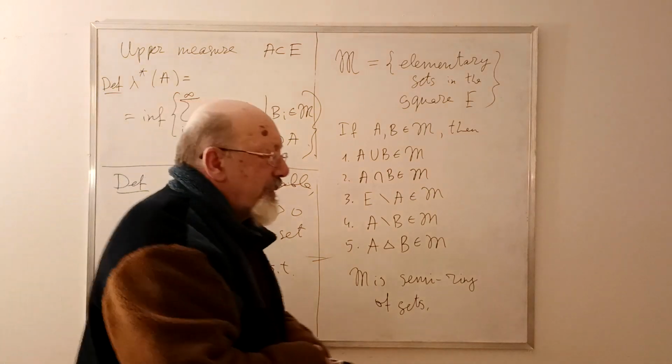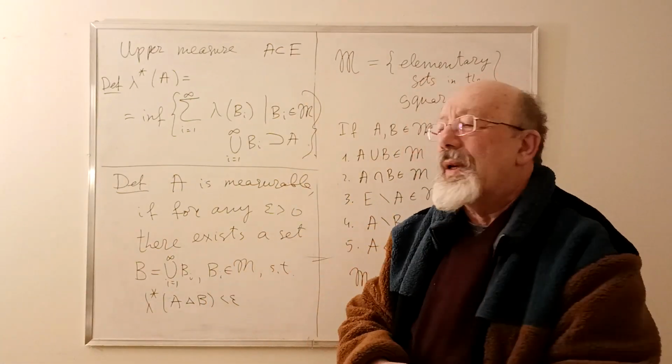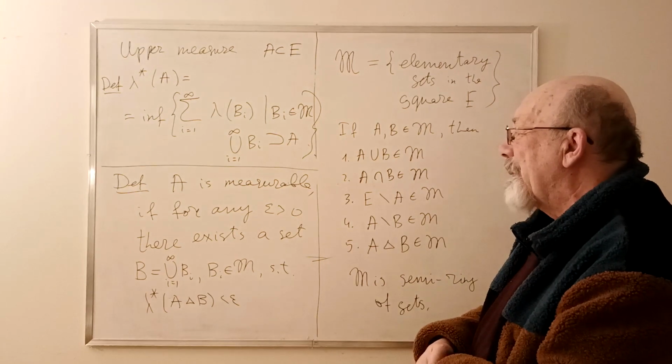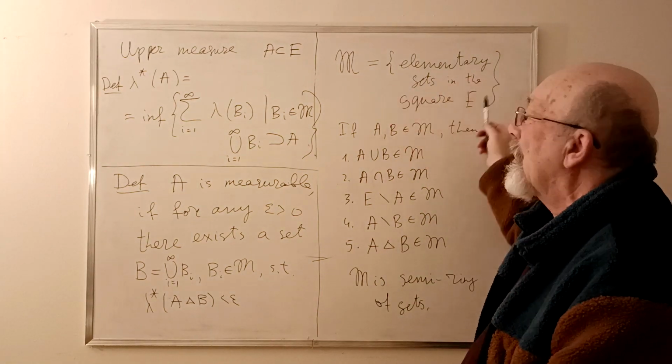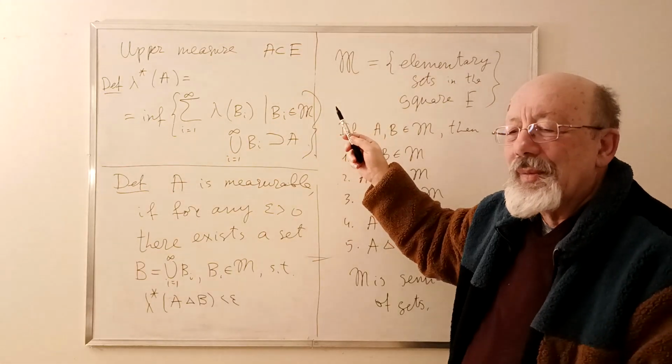So a set is measurable if it can be approximated by countable unions of elementary sets.